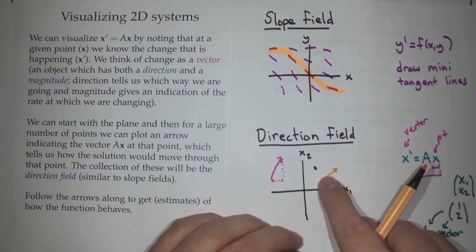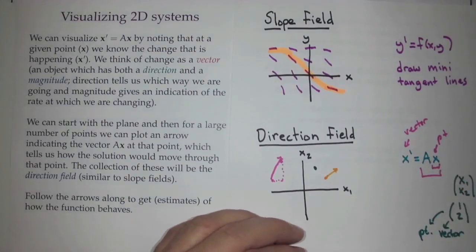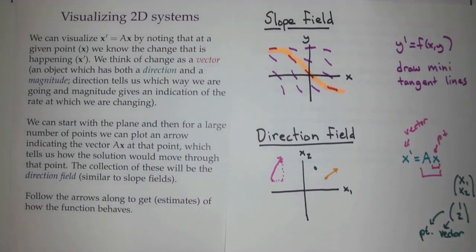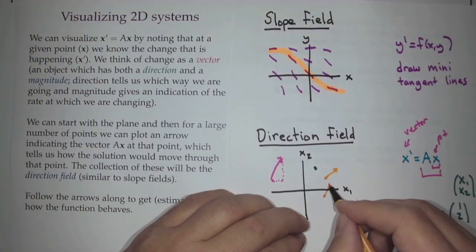Now to help us keep our picture somewhat contained, we're going to scale all the arrows to be the same length. You should really have the arrows be different lengths, because a long arrow should say, oh, you're going very quickly here. A short arrow says, go very slowly. But we'll make them all the same length. But now you just repeat.